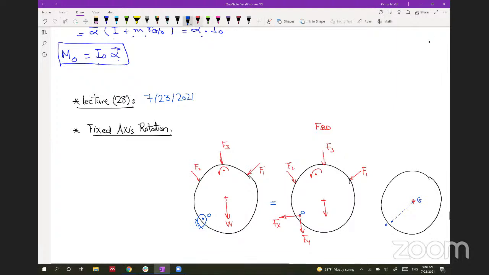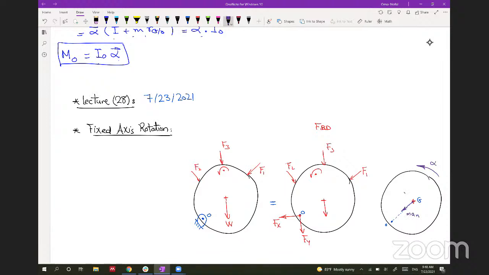As we know, the normal direction will always go from G to O. So we will have M A normal, and we will assume that this body is going to rotate in this direction, so alpha will be in this direction.